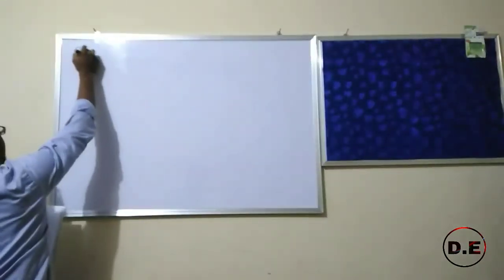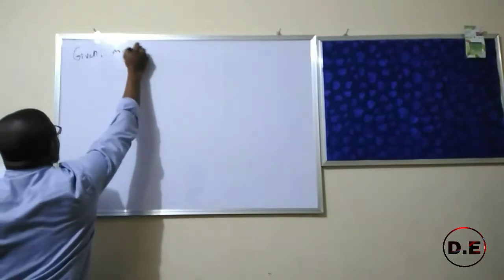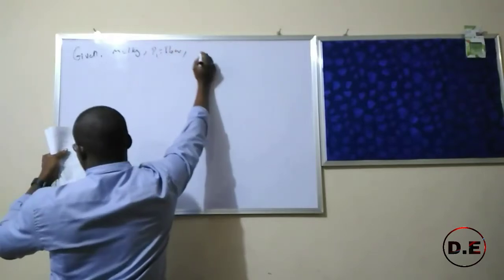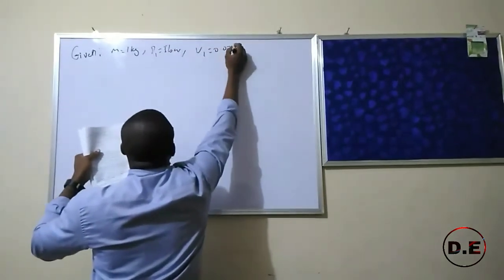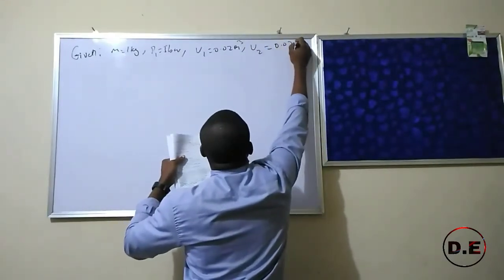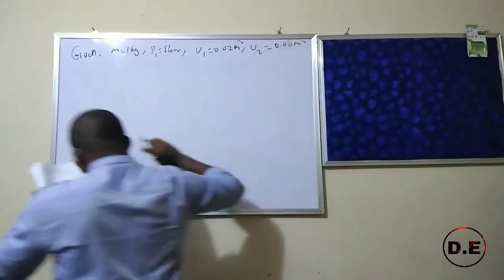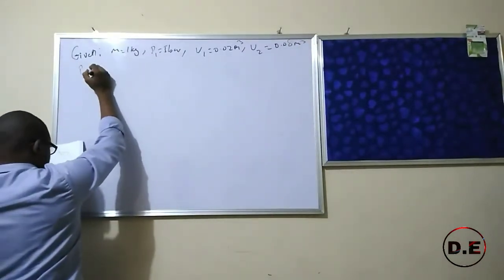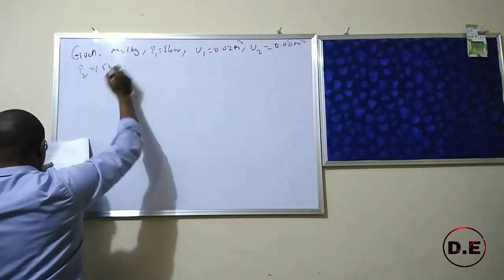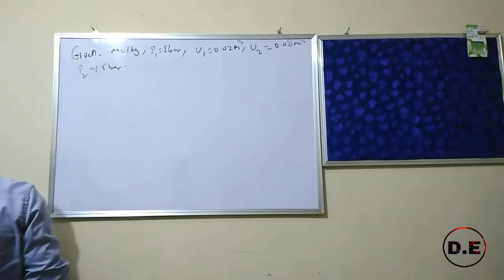We are given M equal to 1 kilogram, P1 equal to 5 bar, V1 equal to 0.02 meter cube, V2 is equal to 0.08 meter cube, P2 is equal to 1.5 bar. We want to sketch the PV diagram.